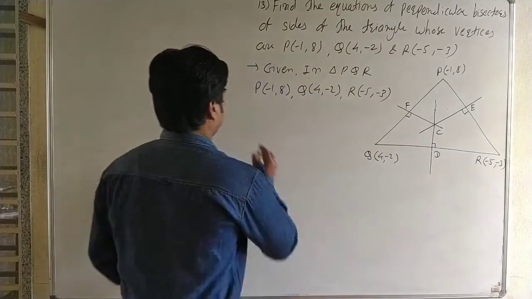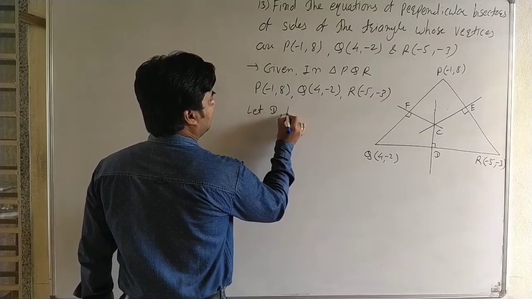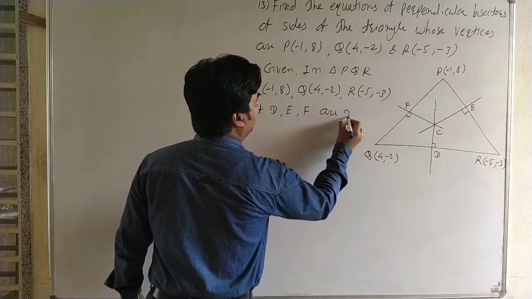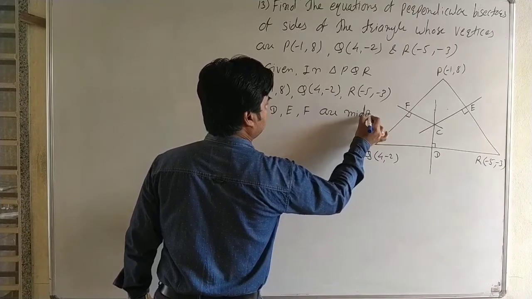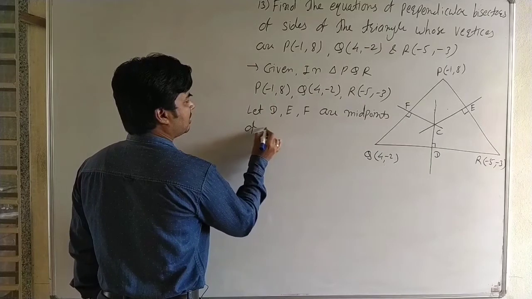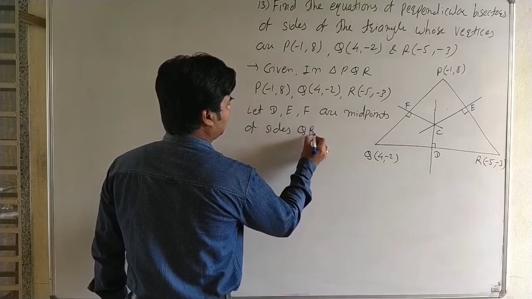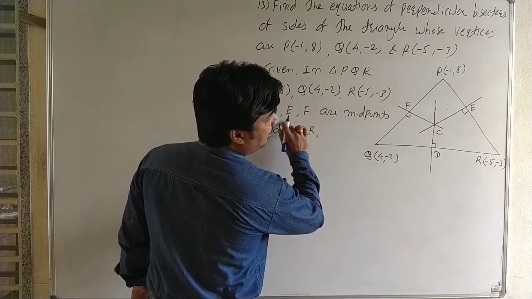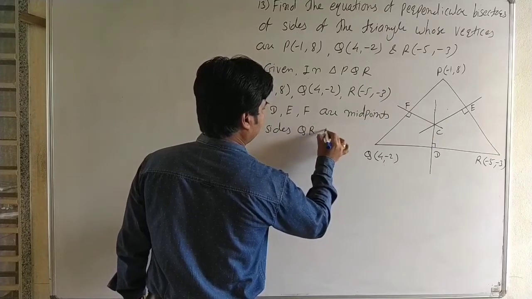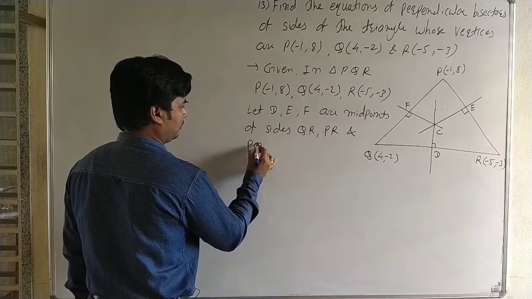Okay, now here let D, E and F be midpoints of sides QR, PR and PQ respectively.